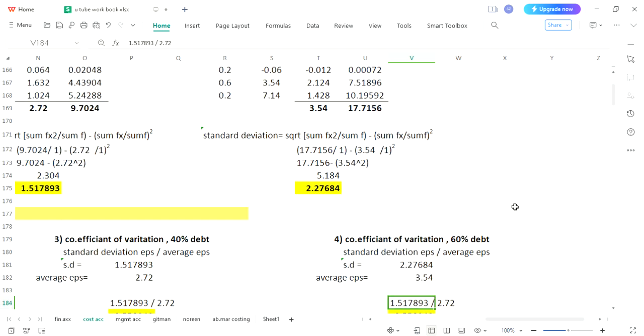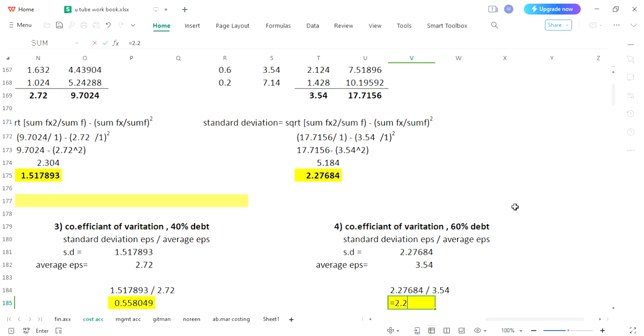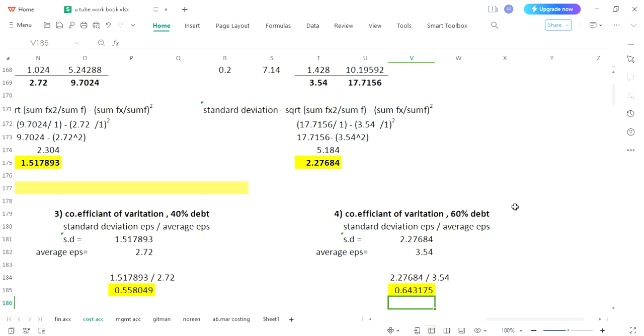So in this way we are going to put 2.27684 as standard deviation, 3.54 as arithmetic mean. Let's put it on the calculator after completing the statement. So you have got your CV. Standard deviation was meant to be divided by arithmetic mean. 0.64 is your fourth CV.